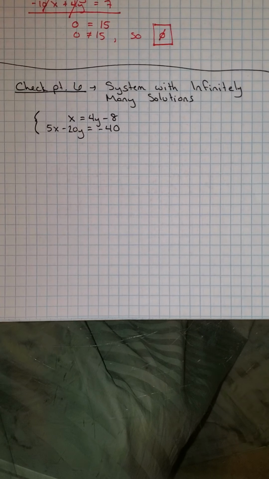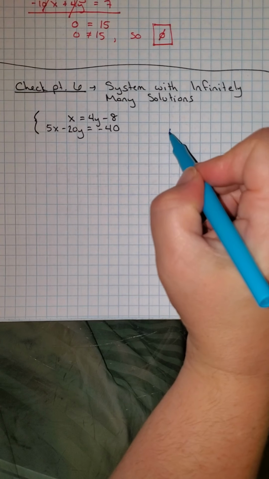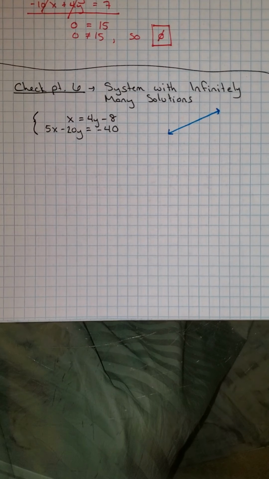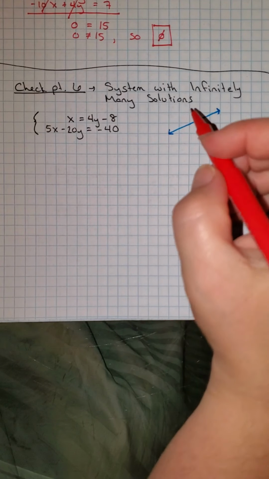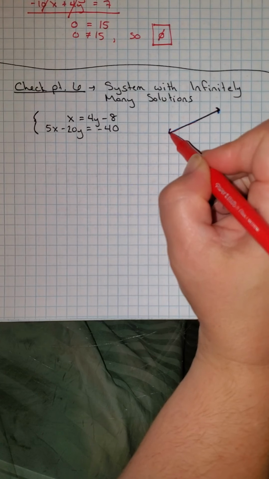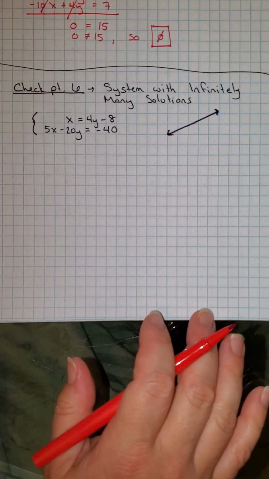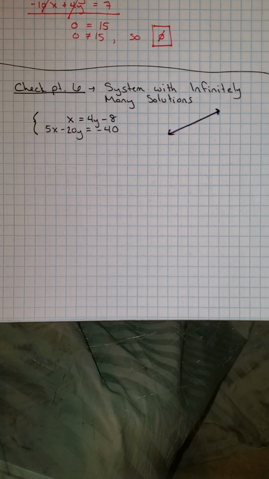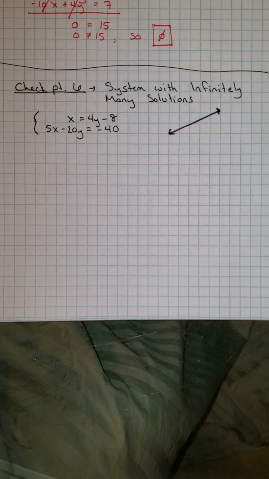If we graph one of these lines and then graph the other one, you would see that they're actually the exact same line. They lay right on top of each other. So it's not all real numbers because it's not everything. It's only things that work on this line.